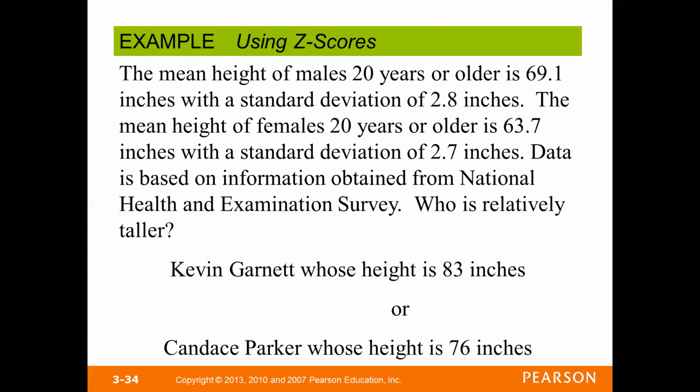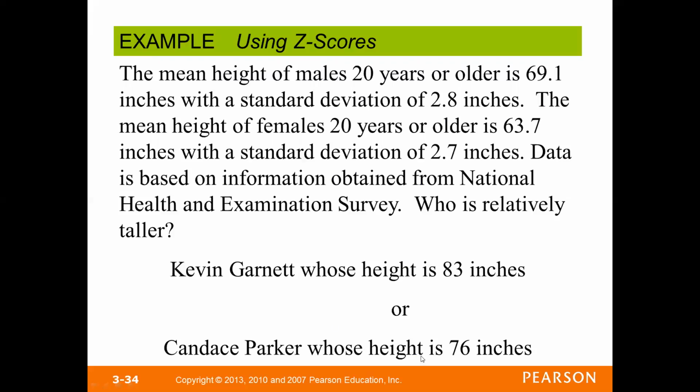Well, what do we mean by relative? I want to know, how does this height of 83 inches relate to the average height of 69.1 inches when I'm looking at step sizes of 2.8?